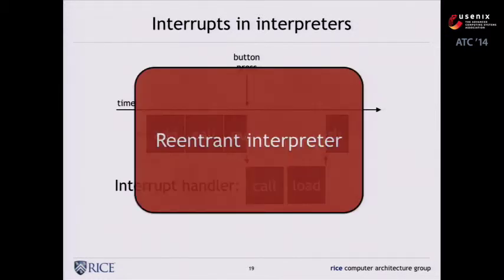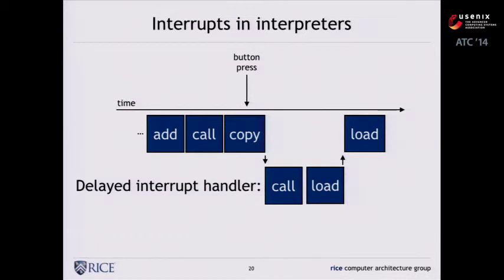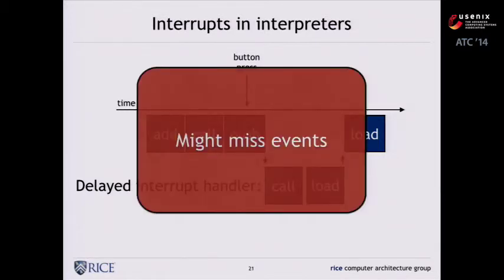So now I need to write a reentrant interpreter. That's going to be hard. Alternatively, I could wait to complete a bytecode, and then go ahead and run my delayed interrupt handler, but I might end up missing a lot of events.